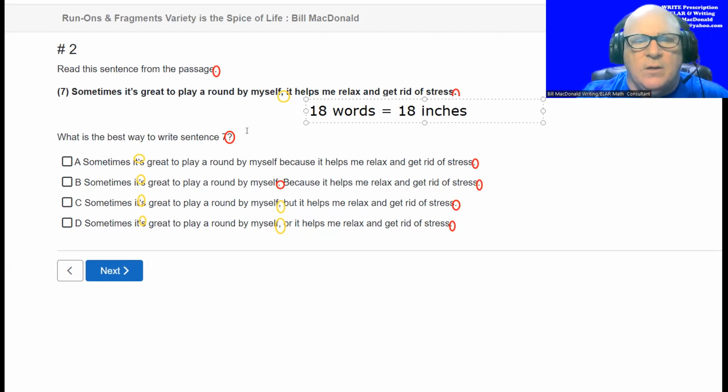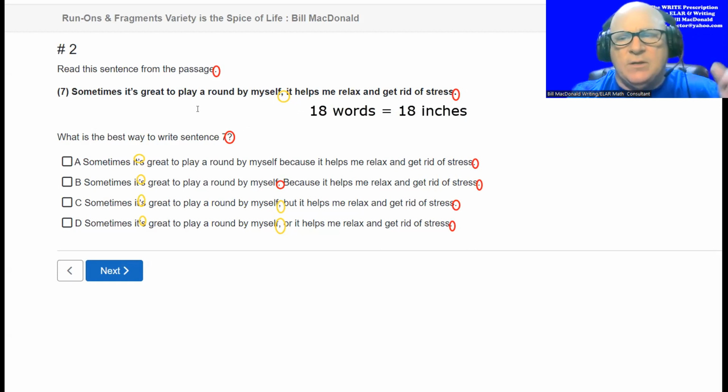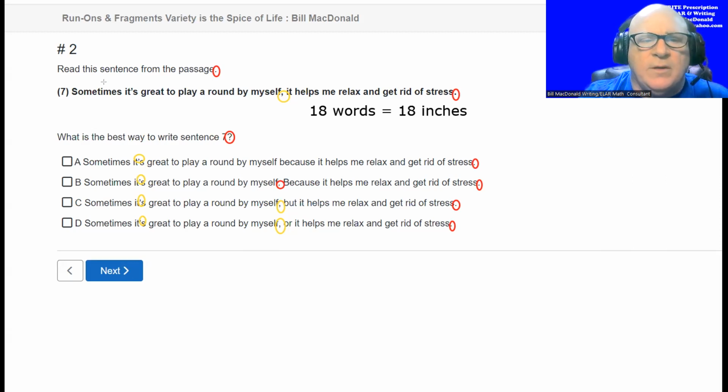All right. So it says, capital, read this sentence, singular, from the passage, period. Capital. I'm going to pay attention, remember my little potato head, the beginning of every sentence.